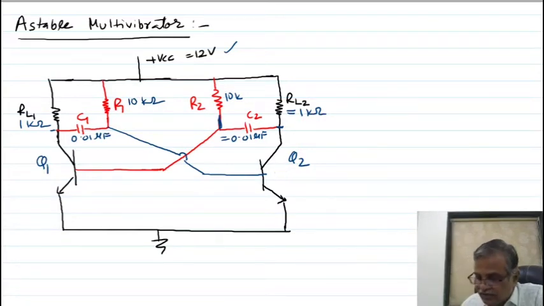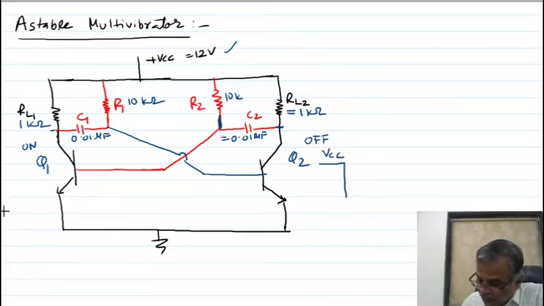Let us assume that Q2 is in the off condition on power supply and Q1 is in the on condition. So this voltage is nearly 12 volt or VCC, and this voltage is nearly 0 volt, or 0.5 or 0.6 volt at this point.